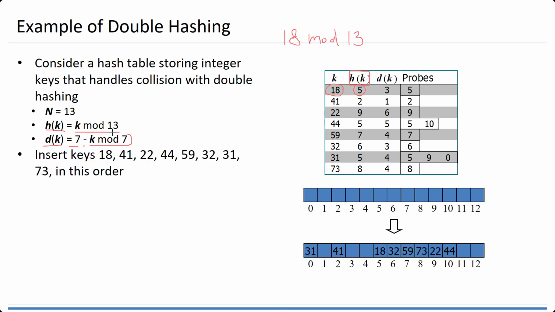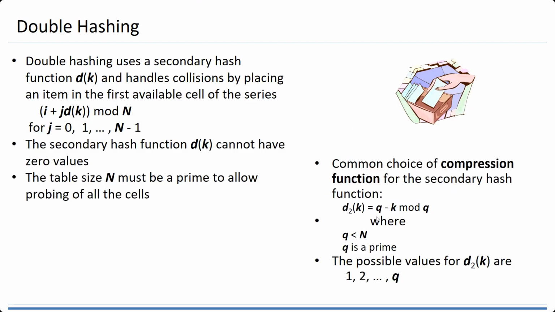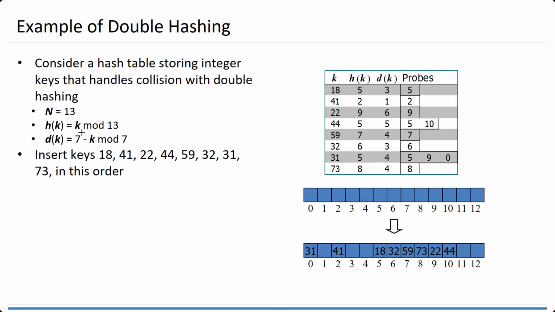This is the function that we define based on the definition here. We have the compression function, we have this formula, and we can use any prime number for q. Then we select 7 as q, and k is the key.